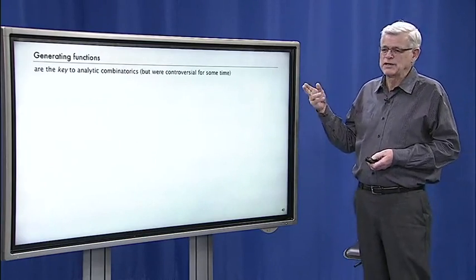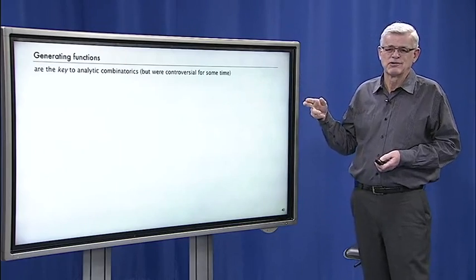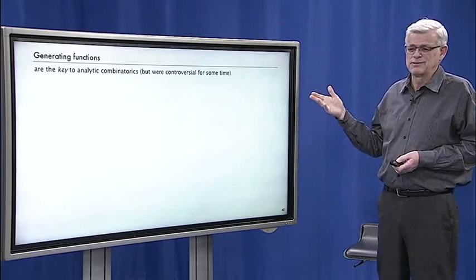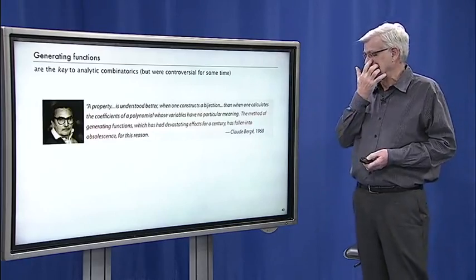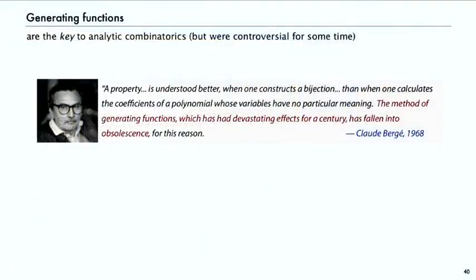But I have to point out quickly that the use of generating functions in combinatorics was very controversial for some time. For example, here's a quote from Claude Berge, a French mathematician, and it expresses the point of view of many people working in combinatorial mathematics. It says, a property is understood better when one constructs a bijection than when one calculates the coefficients of a polynomial whose variables have no particular meaning.